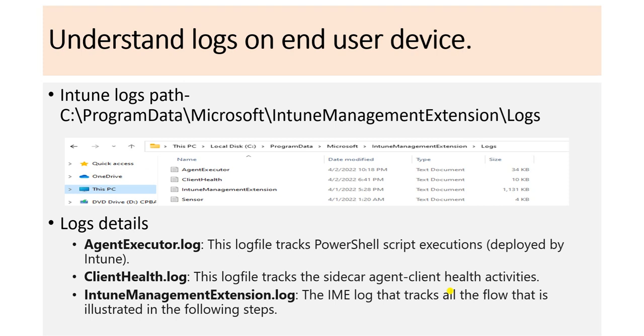Whatever you are doing, like deploying an application from Intune and it reaching the end user device, from the start: getting the policy, downloading the package, then installing, then sending the exit code and the status to Intune. Everything is tracked by the Intune Management Extension logs.